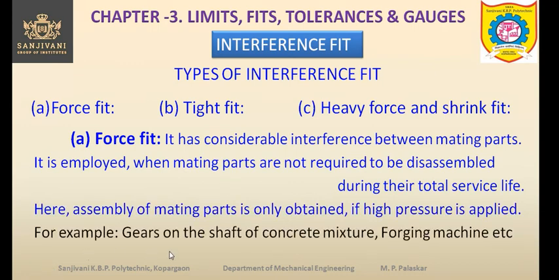So the example is gears on the shaft of a concrete mixer. There is a lot of load on the concrete mixer, and if you want to mount the gears on the shaft, we should have the force fit. And for forging machines also the load is high, and therefore we have to go for force fit.